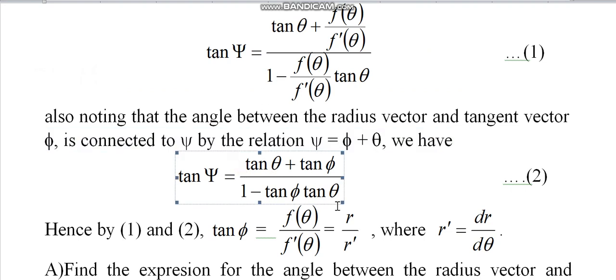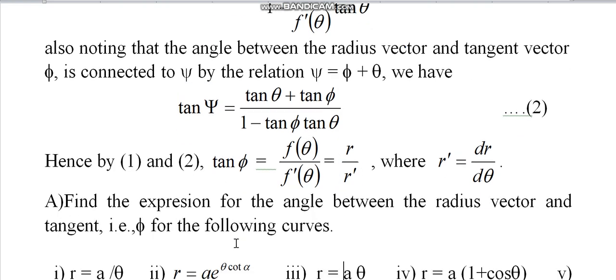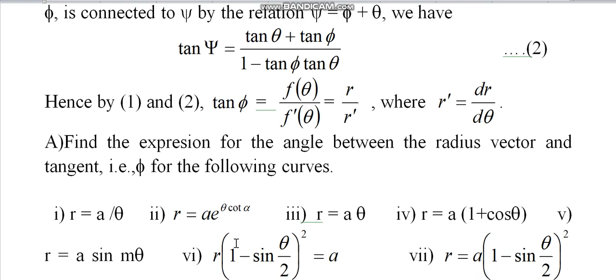Leaving the tan theta terms, we see that tan phi is equal to f of theta divided by f dash of theta. f dash of theta is nothing but d by d theta of f of theta. So f of theta is r, so r is written in the numerator. f dash of theta is nothing but dr by d theta, or we write it as r dash. So r by r dash is equal to tan phi. This is an important relation: tan phi is equal to r divided by r dash.